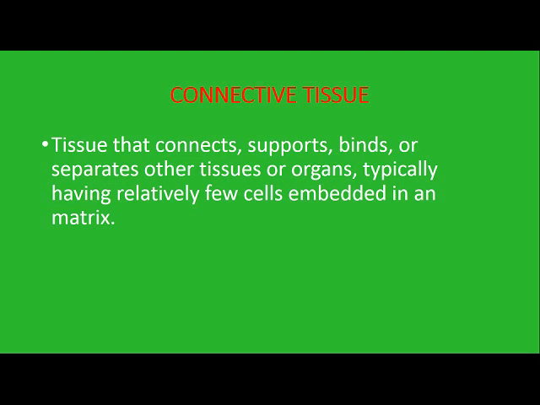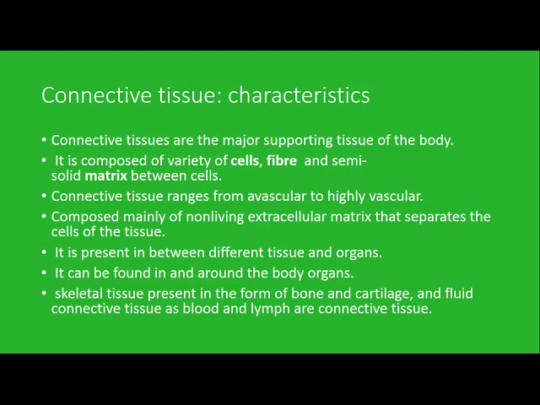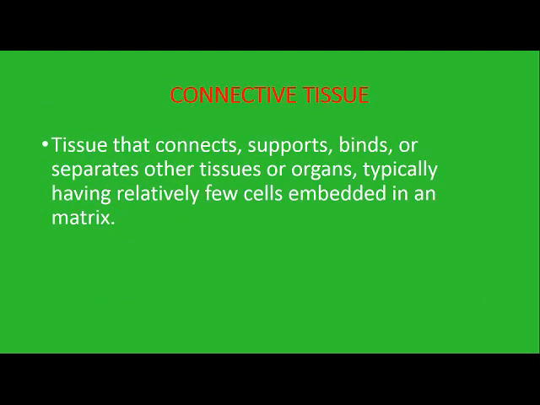Now, what is meant by matrix? Let me tell you. So, children, connective tissues are basically the tissues that help to connect. They support. They bind. Now, what does this binding mean? Children, if somebody pinches your skin, right?